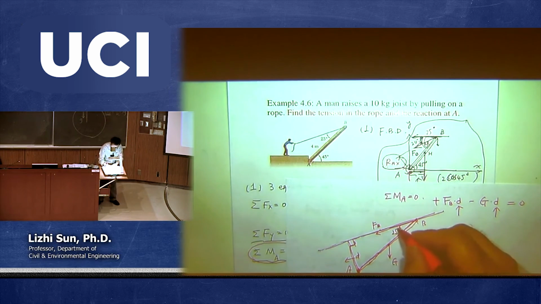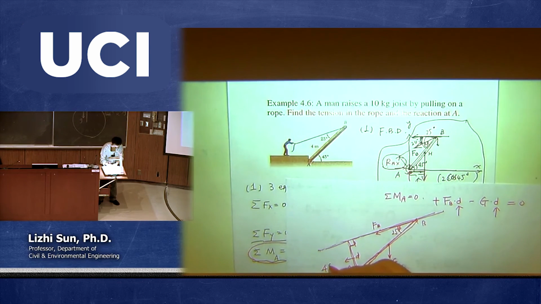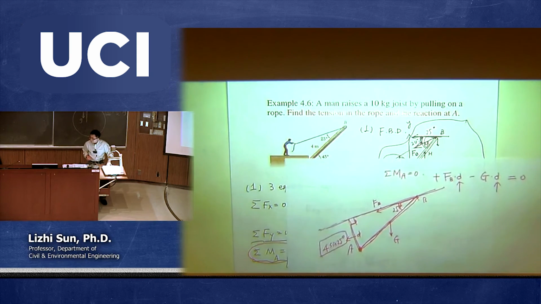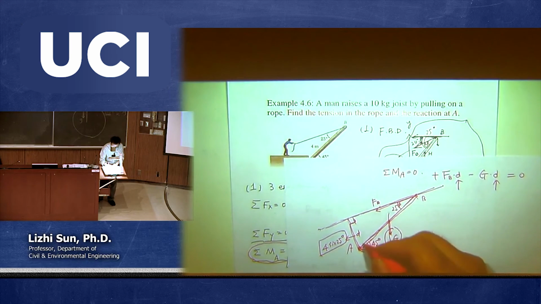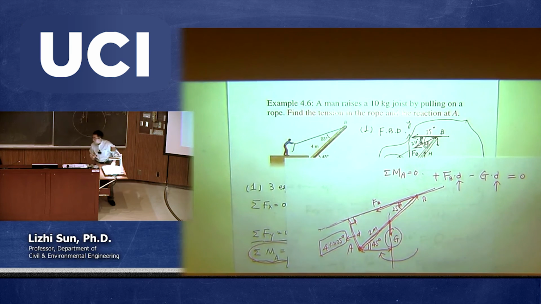So 4 meters times sine 25, that should be the short distance. And then, what is the short distance from point A to this line? That's easier. This is a 45 degree angle, and from here to here is 2 meters. So this one should be 2 times cosine 45 degrees.